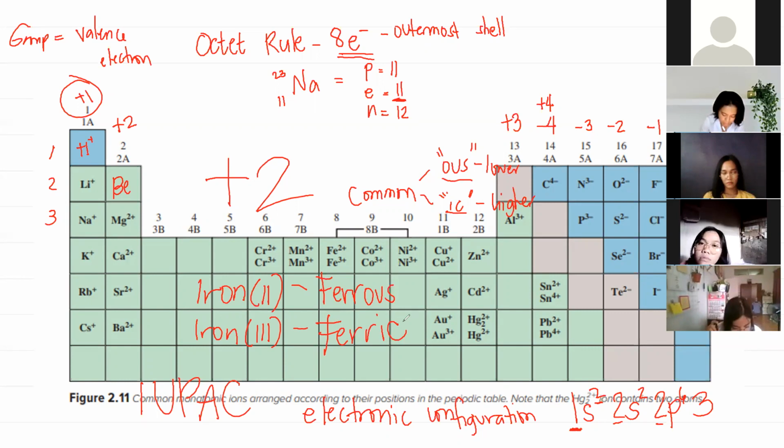It's ferrous and ferric. The OUS or IC ending is also applicable to other elements with dual charges, like chromium, which is positive 2 and positive 3. Positive 2 can be called chromium 2 or chromous, and chromium 3 will be called chromic.